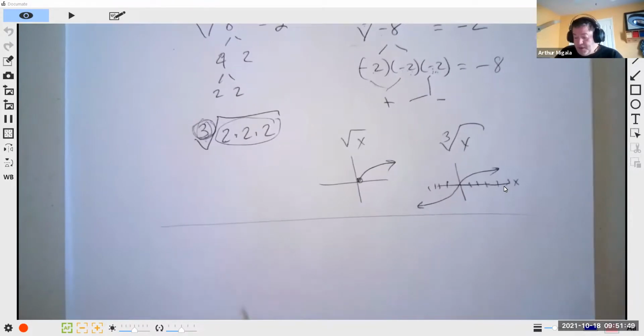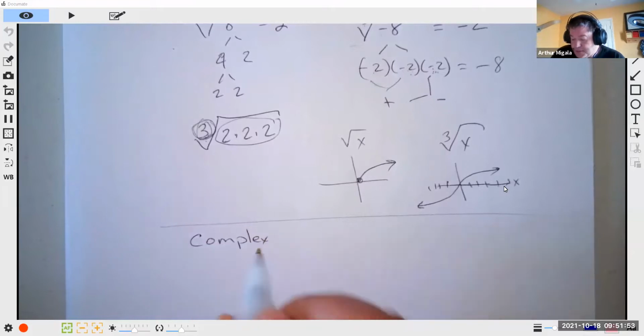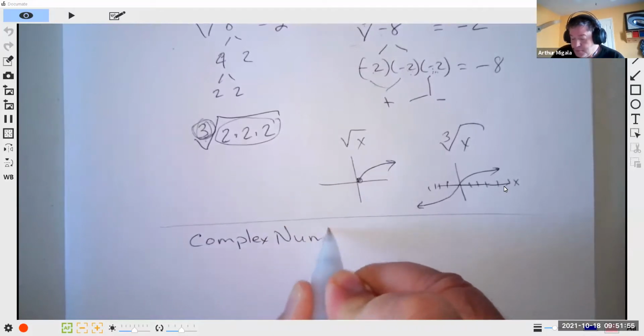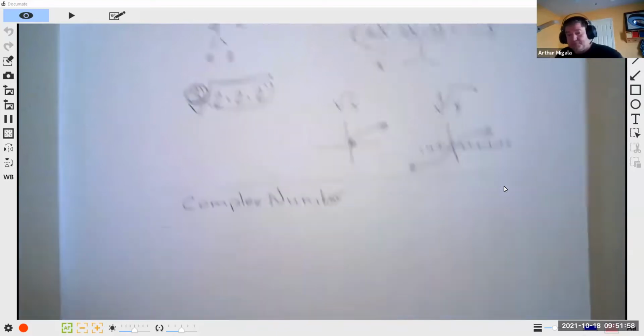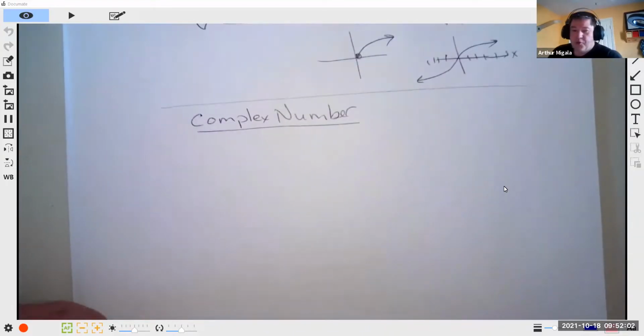All right. Now, let's define a complex number, which is kind of a misnomer because it's not really a single number, it's a pair of numbers.